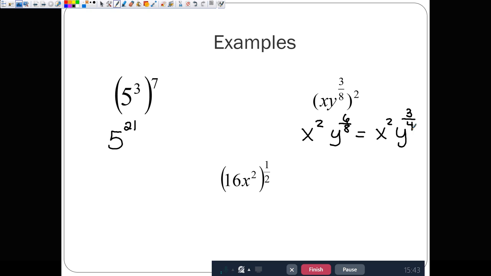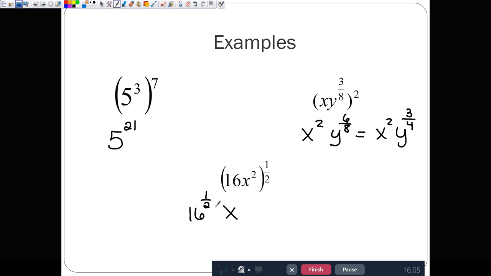Okay, so 16 is being raised to the 1/2. And then 1/2 times 2 is going to be 1. So that's just going to be x. So this one I do have to turn into a radical because it's the only way that I can simplify it.